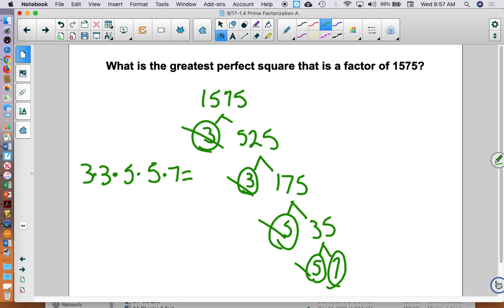What about 525 squared? It's gonna be too small because it's times 3. That won't work. 1,575 times 3. Oh, it says it's a factor of it though, doesn't it?